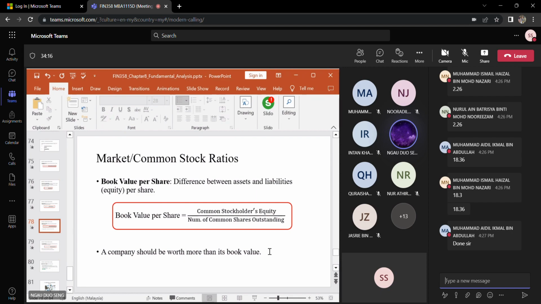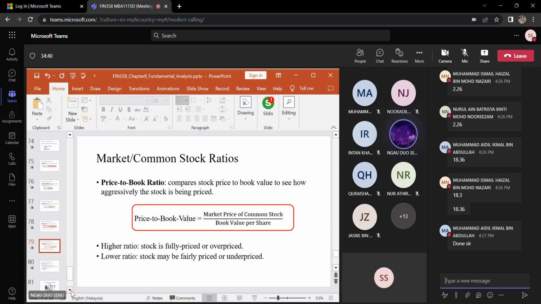Kalau kita beli 10 tahun lepas, so what is recorded dalam buku adalah harga tanah 10 tahun lepas. But we know that the value of land would keep increasing. So meaning that, that's why we say that a company should be worth more than its book value, right?